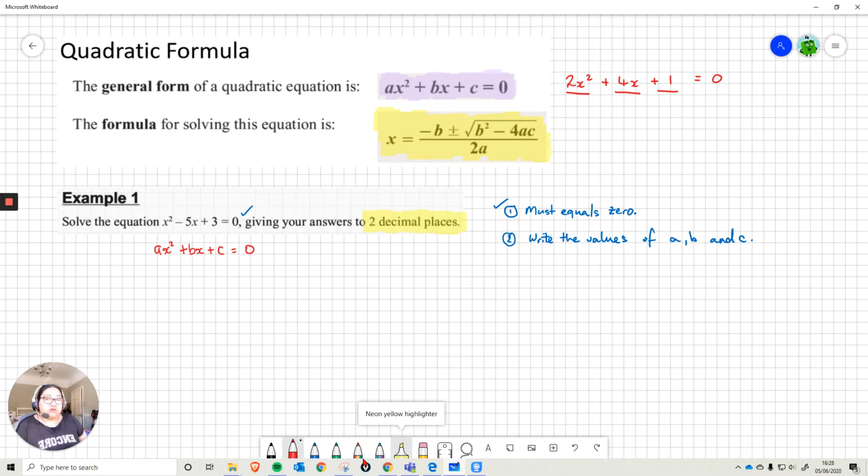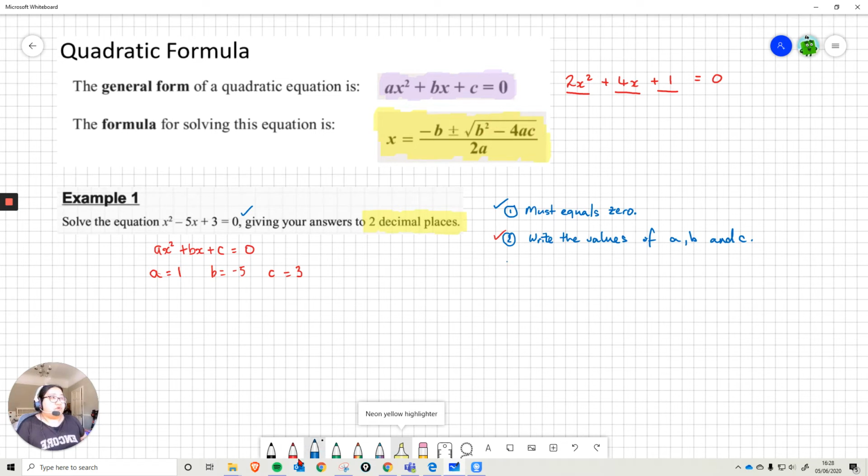Now that doesn't mean a is 0. If a was 0, then we wouldn't have an x squared, because it just doesn't exist. We have 1 x squared, so our a is equal to 1. Here our x term is negative 5, so b is negative 5, and our c is 3. So now we've identified our values a, b, and c.